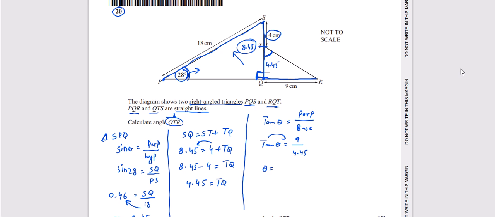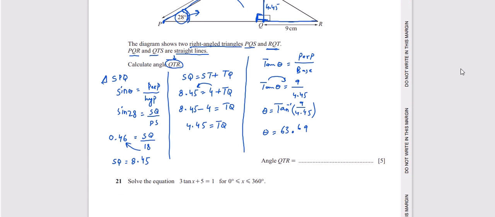Theta is equal to tan inverse of 9 over 4.45. So theta is equal to, use calculator, shift tan inverse of 9 over 4.45, that is equal to 63.69. So this is our final answer, 63.69.